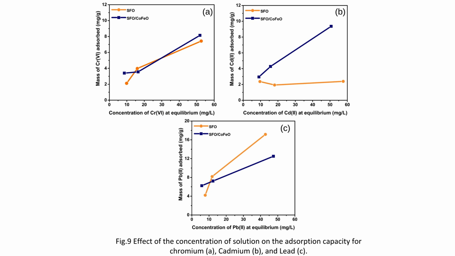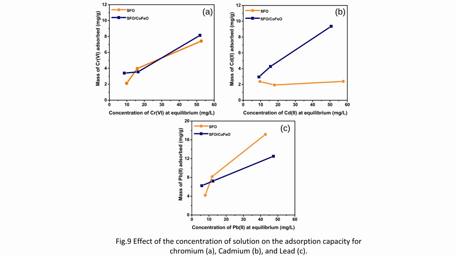In Figure 9a, we observe that the adsorption capacity for chromium increases, reaching its maximum value of 8.15 mg per gram with the cobalt ferrite composite sample, whereas for the strontium hexaferrite sample, the value is 7.43 mg per gram.